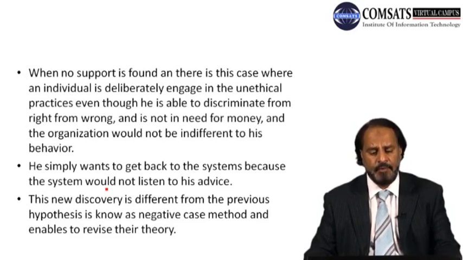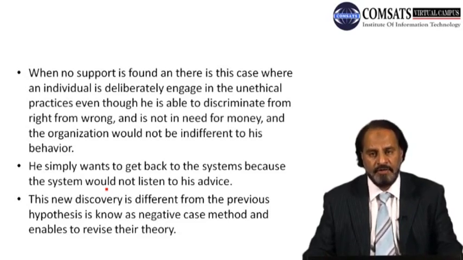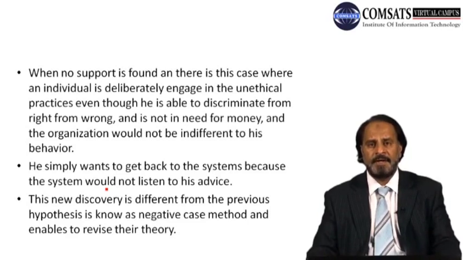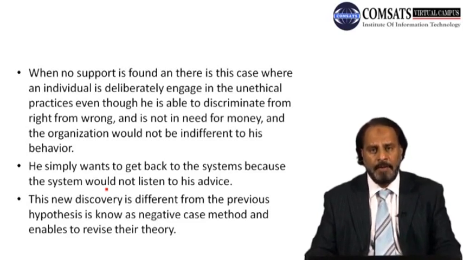So in one case we found that there are still some individuals who deliberately engage in unethical practice, even though they are able to discriminate between right and wrong, are also needing money, and the organization is not indifferent. This is when you come across it and say, wait a minute, what is wrong?